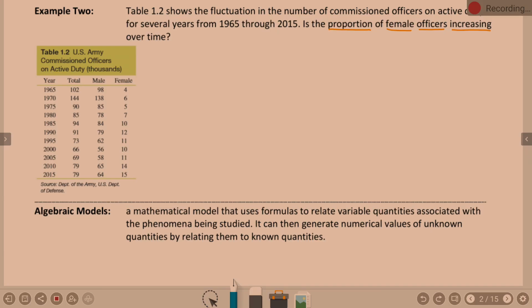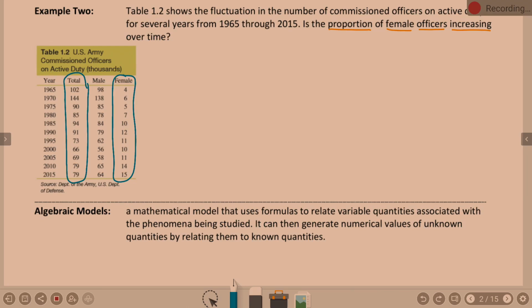Kind of, except if we're looking at proportion of female, that's going to be female compared to what? Total. Technically, if you're looking at the proportion of something, it's the amount of that number compared to the total. Okay. So we're going to look at that proportion.